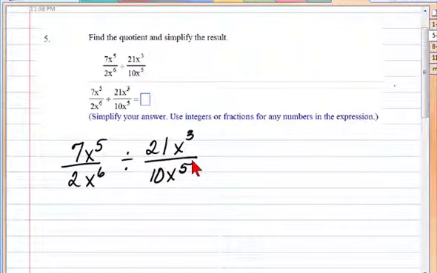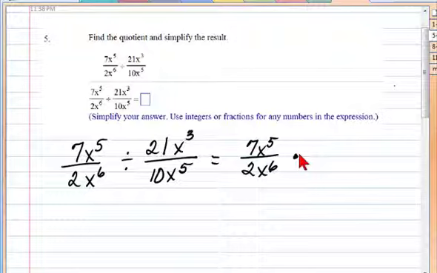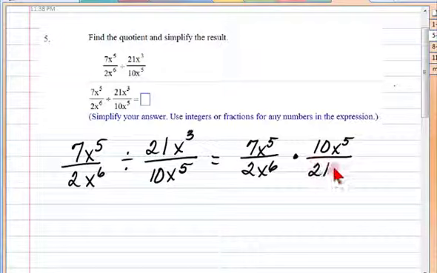Because it's division, what's my first step? I've got to keep 7x to the fifth over 2x to the sixth, change it to multiplication, flip the second fraction, so it is 10x to the fifth over 21x to the third.